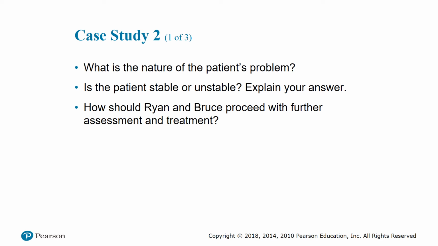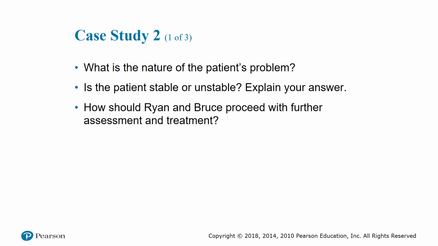Our second question asks, is the patient stable or unstable? And to explain your answer, if you'll recall, what did we say about stable and unstable when we're talking about a primary assessment, which is what Ryan and Bruce here are doing initially?